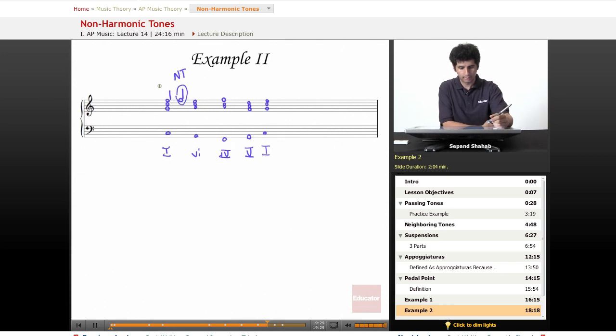And then let's see, for passing notes, we would need voices that move maybe by a third or more. And actually, I'm not seeing the opportunity to do that here. So, oh, here's one. Of course, the F going to a D. So we can go F, E, D. And here's some passing tones.